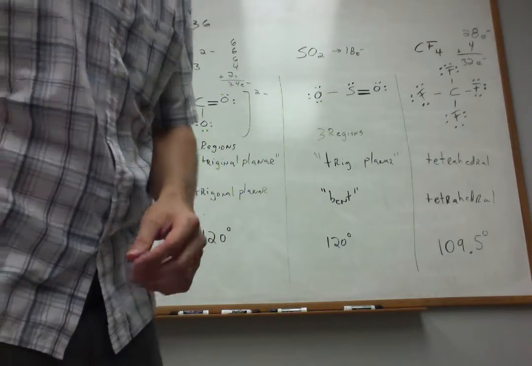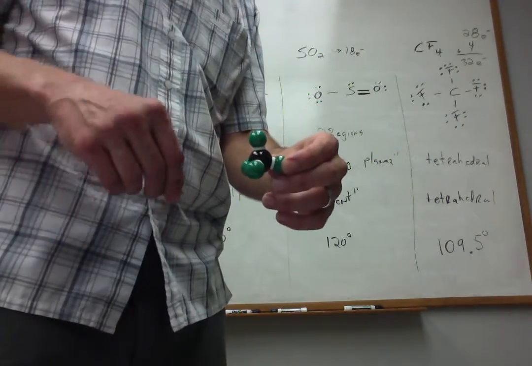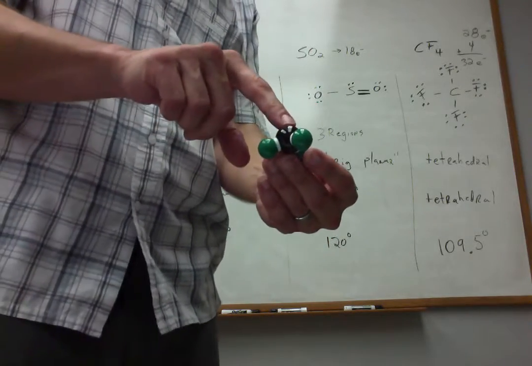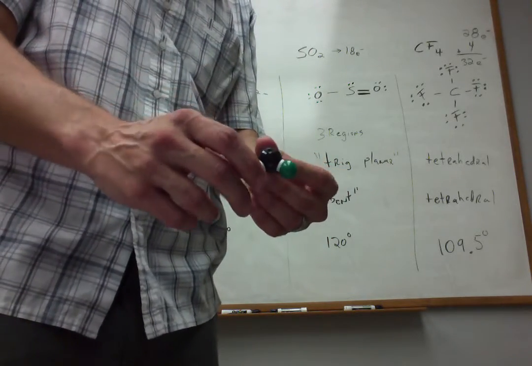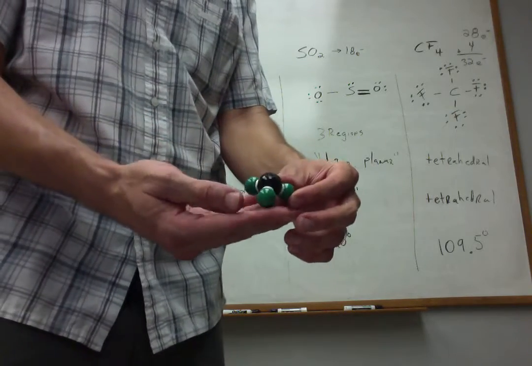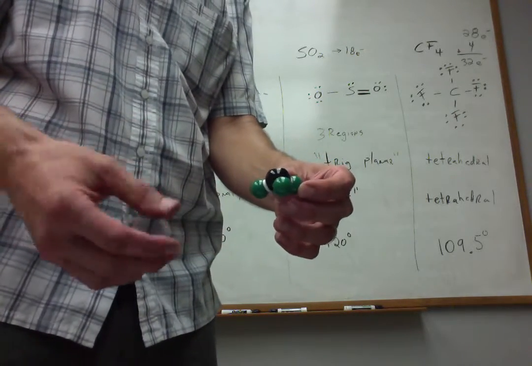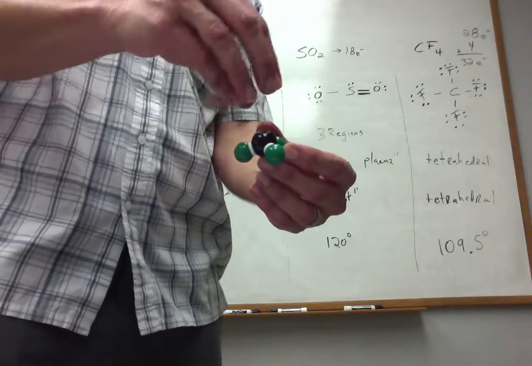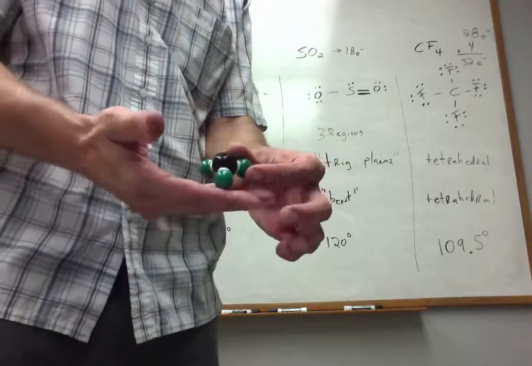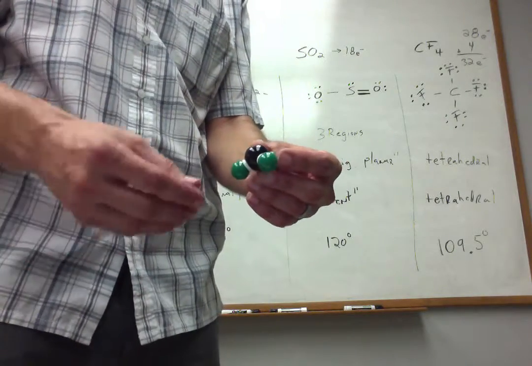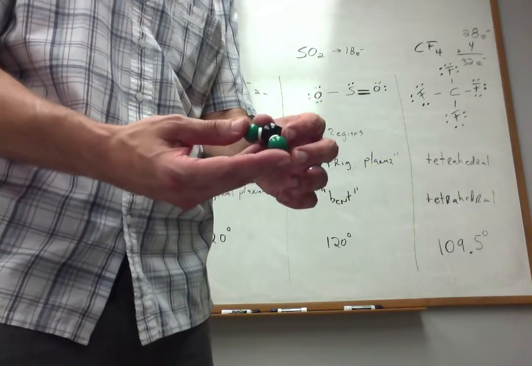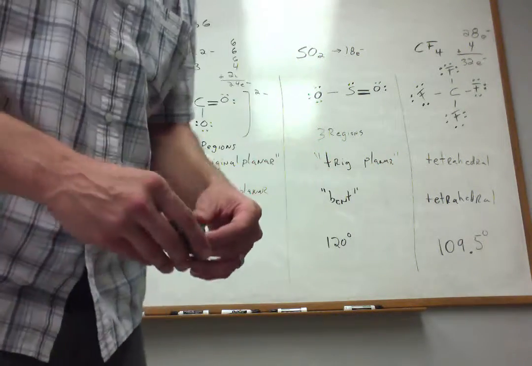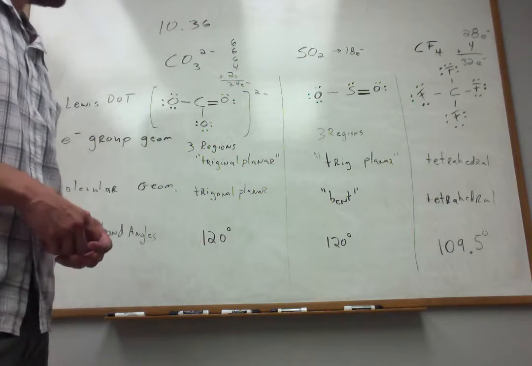So for instance, if we go from CF4 to this case, where that bonding pair is now replaced with a lone pair, the three on the bottom have a shape pretty similar to what it was before, the base tetrahedral geometry, except that now I've just got this lone pair here. The lone pair doesn't count to describe the shape of the resultant molecule, but it influences the shape in that it keeps the base looking the way it does, because you still have to repel against these lone pairs and move the bonding pairs away from that.